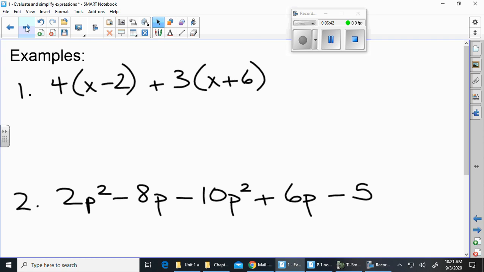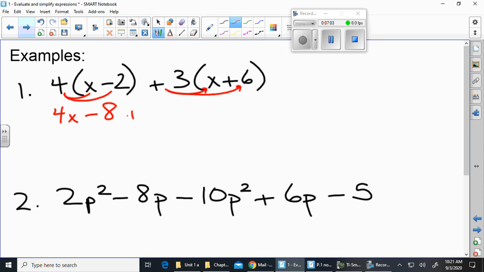So these are a little quicker. You have grouping symbols, so you need to take that and multiply. 4 times x, 4x. 4 times -2 is -8. Here I'm distributing a 3. So 3 times x, 3x, 3 times 6, 18.